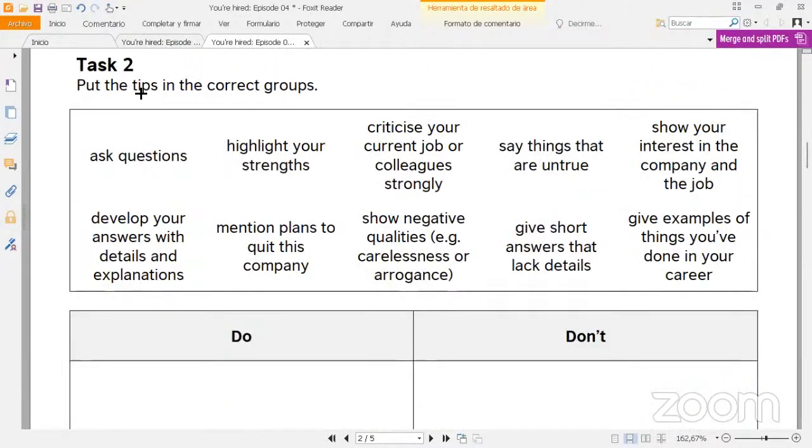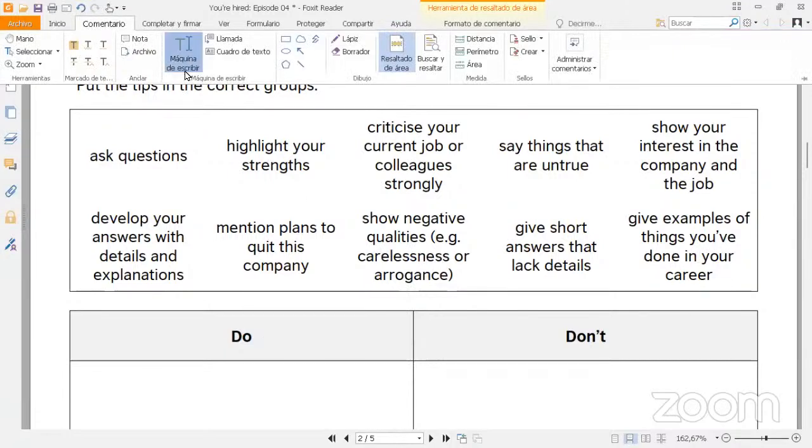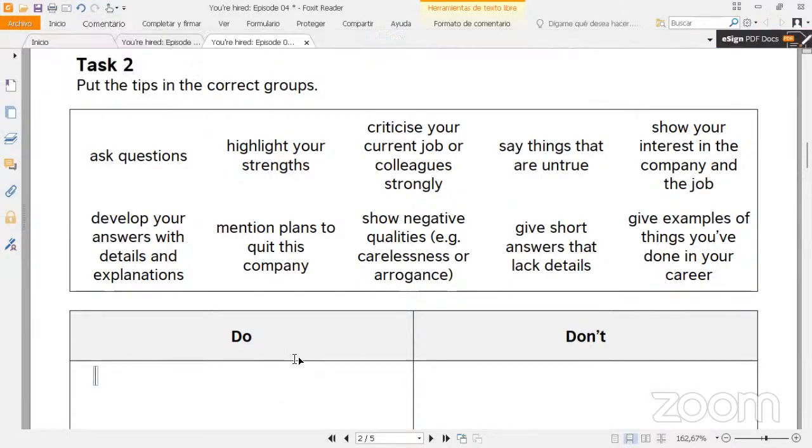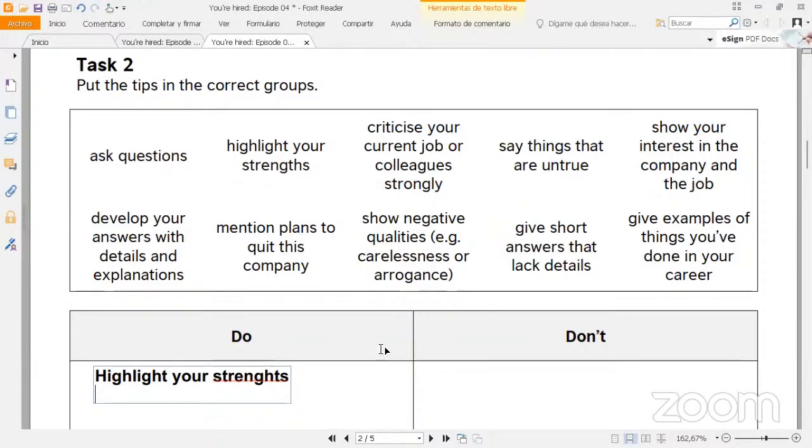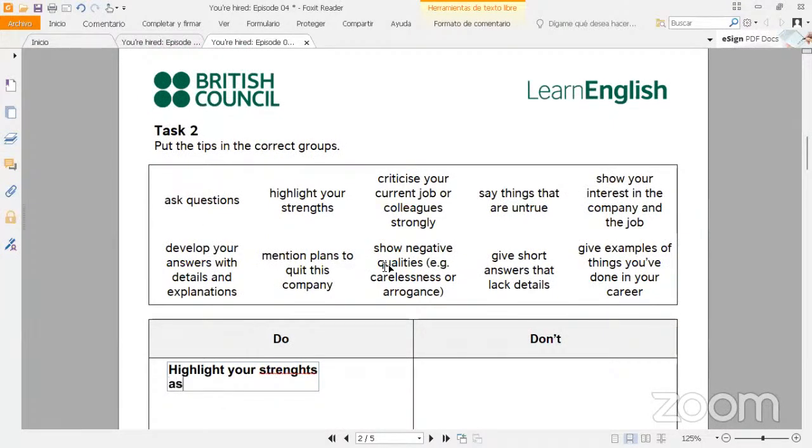Now, put the tips in the correct groups. So we have do and don't. Highlight your strengths. Do, okay. Highlight your strengths. What else? Ask questions. Develop your answer with details and explanation.